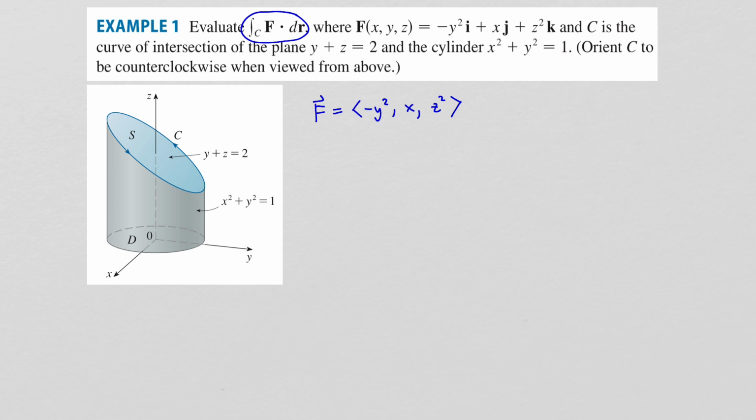Therefore we can use the parameterization r equals cosine theta, sine theta, and then z.